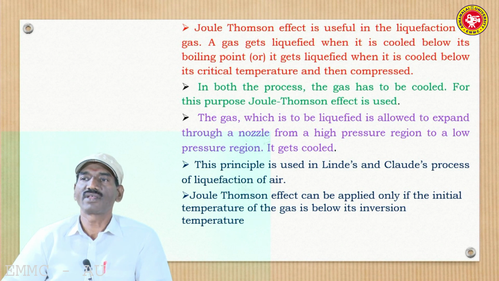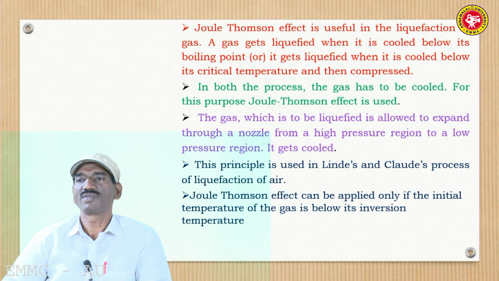A gas gets liquefied when it is cooled below its boiling point, or when it is cooled below its critical temperature and then compressed. In both processes, the gas has to be cooled. For this purpose, the Joule-Thomson effect is used.